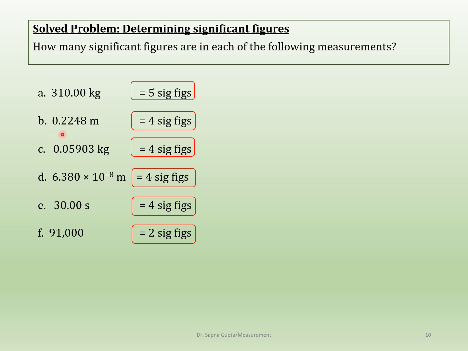This is just 4 sig figs. In this case, I gave you different kinds of zeros. This 0 is gone, this 0 is gone, this 0 is significant. So 1, 2, 3, 4, you have 4 sig figs. And the last one I want to talk about is only 2 significant figures, because these zeros don't count, as there is no decimal point after this. So this one is just 2 sig figs.